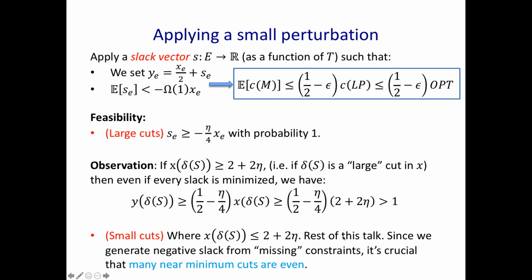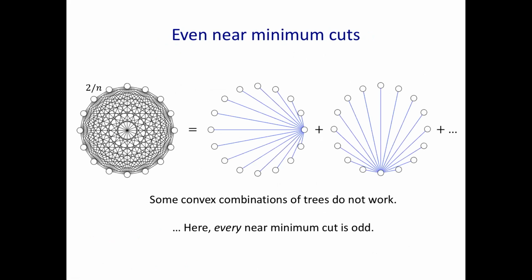Okay. And since near minimum cuts have expectation very close to 2, it might seem intuitive that this property just follows from the fact that we sample a tree which respects the marginals of the LP. However, this is actually not the case. Not every tree distribution respecting the marginals has this property. So for example, say our LP solution is a complete graph on n vertices with 2/n on every edge.